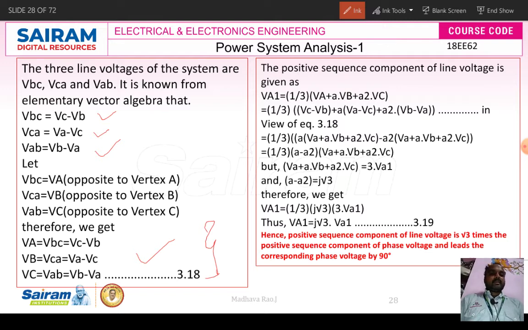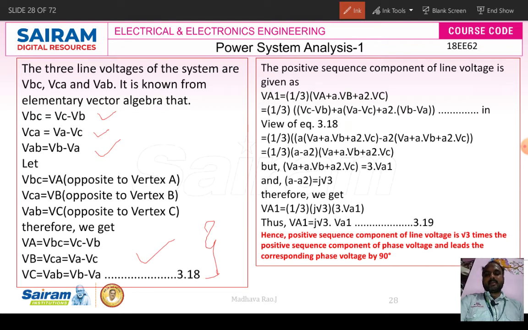Now the positive sequence component of line voltage is given as follows. The positive sequence is always represented with suffix 1. So VA1 is equal to 1 by 3 into VA plus A into VB plus A squared into VC. That is the formula.